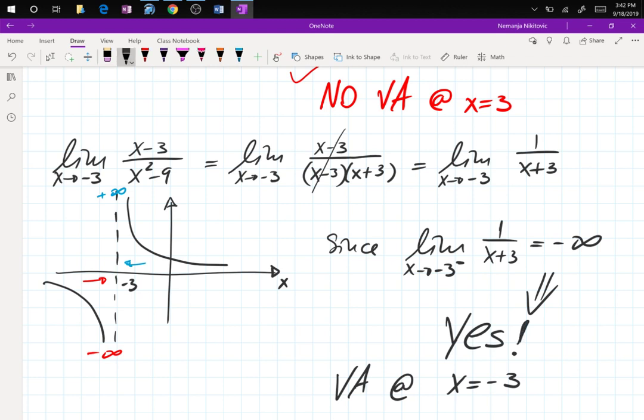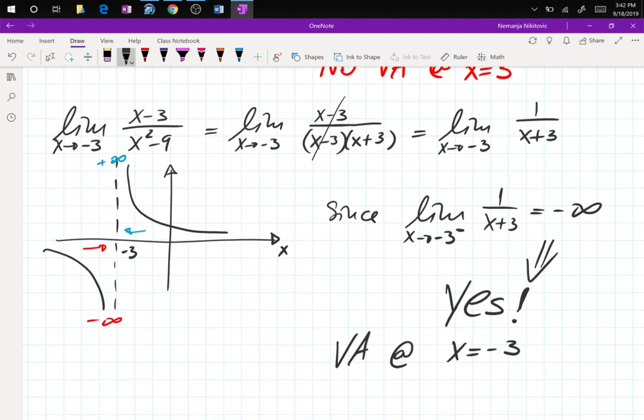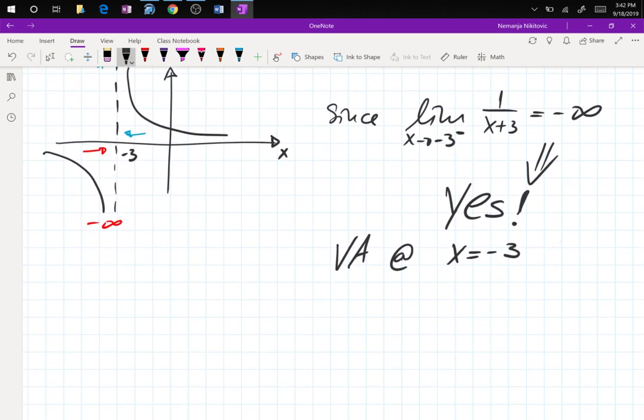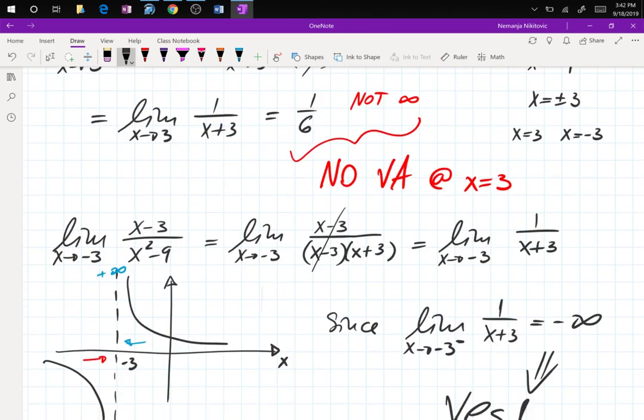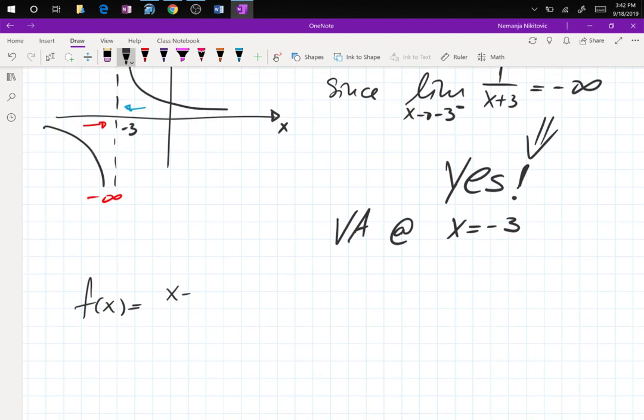So now we have shown that the function f of x equals x minus 3 over x squared minus 9 has one vertical asymptote at x equals minus 3.